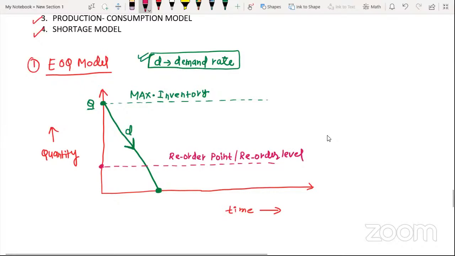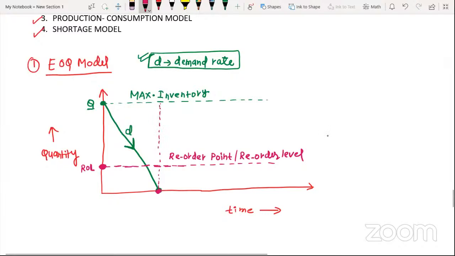In short, ROL, reorder level, or ROP, reorder point. At this point you are going to reorder the maximum inventory, such that when you reach here you should not feel the shortage. When you reach here you will get the maximum because you have reordered the quantity.